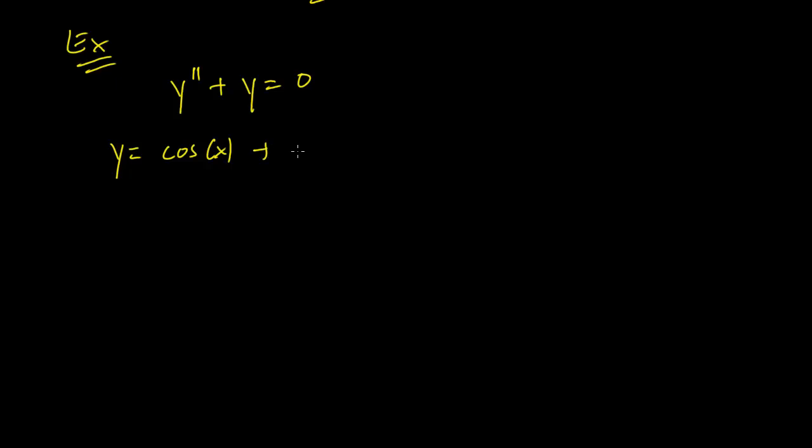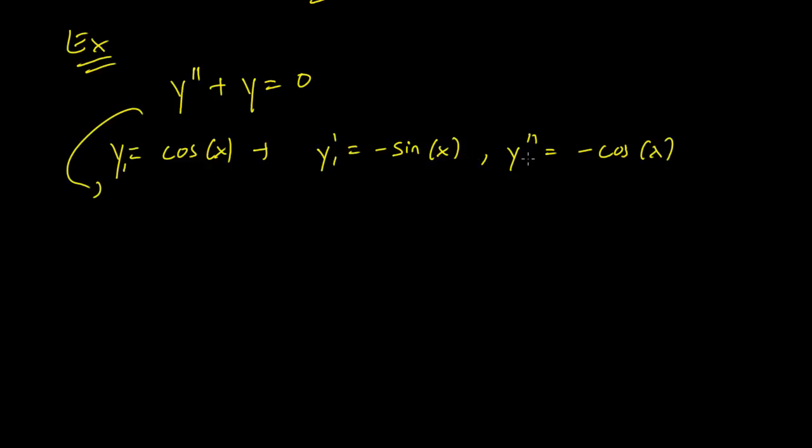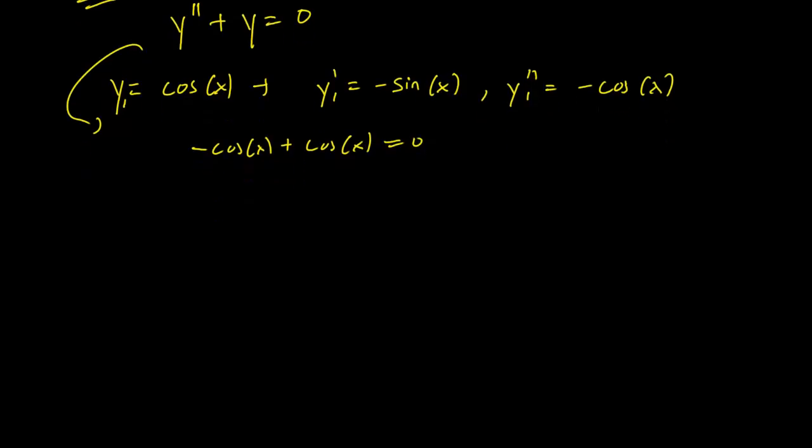This is because y prime equals minus sine x, and y double prime is going to equal minus cosine x. So this, let's call it solution y1, ends up being minus cosine x plus cosine x equals 0, which certainly works.